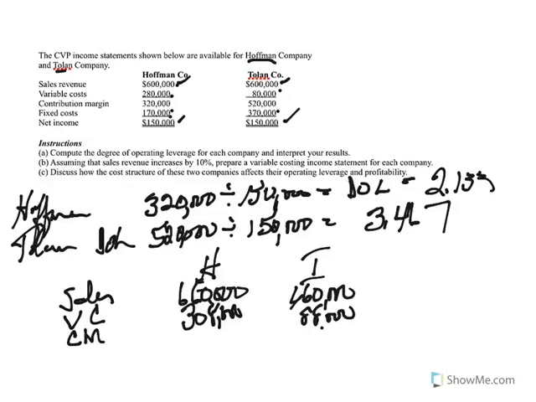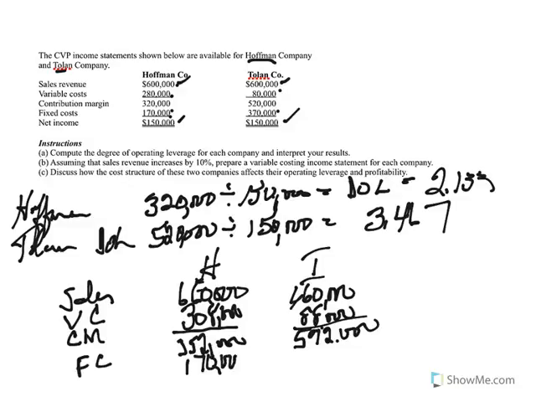So therefore, the contribution margin for Hoffman would be $352, and for Tolan it'll be $572. Now we subtract the fixed costs, $170 for Hoffman and $370 for Tolan. You can see that a 10% increase in sales leads to a net income of $182,000 for Hoffman, so it goes up $32,000.